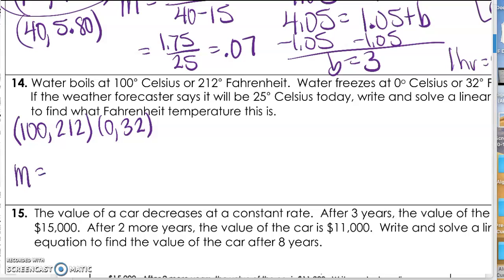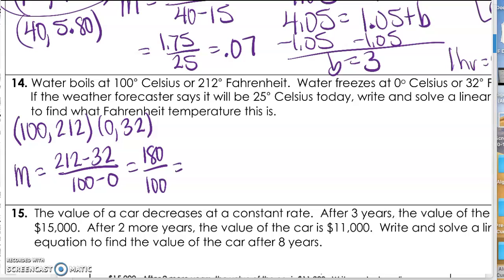So our slope, I'm going to do the 212 first so I don't get negatives. And then 100 minus 0 on the bottom. So 212 minus 32 gives us 180 over 100, and you can use a decimal for these. So 1.8.